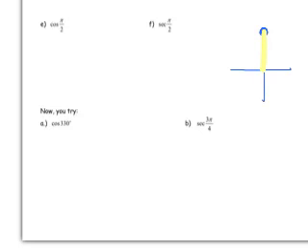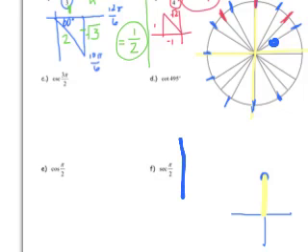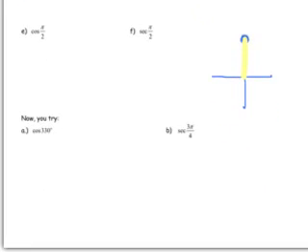If you're going from the origin up, now your opposite is 1. Think about this. If you're going only from the origin up, your opposite is 1. Your opposite is 1 because you're going up 1.